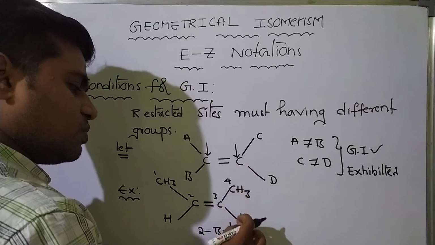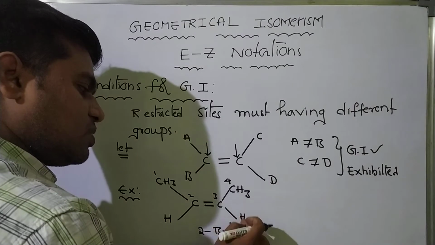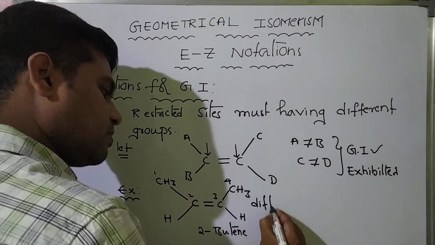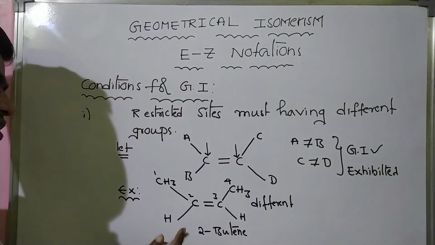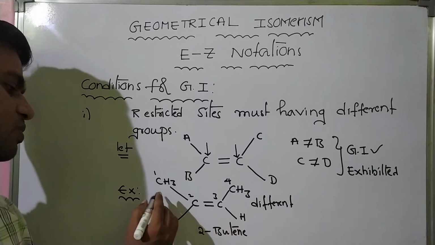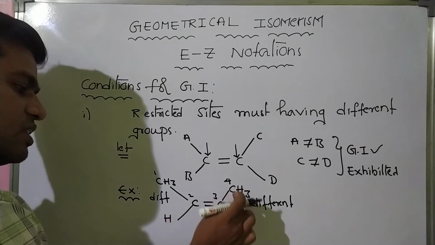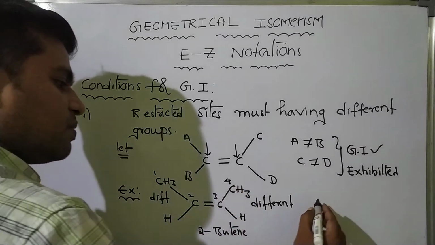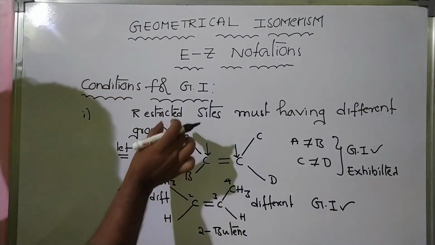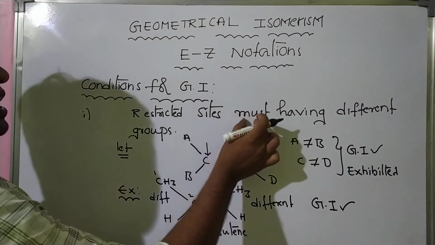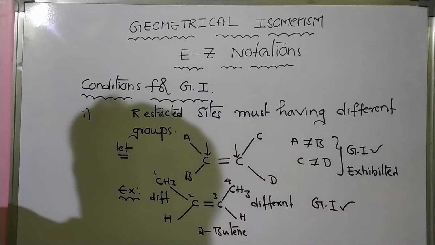First of all, see these two groups. These two groups are different. This is methyl, this is hydrogen. These two groups also are different. So this compound will exhibit geometrical isomerism. So this is one of the most important required conditions for geometrical isomerism. Okay students, please note it.